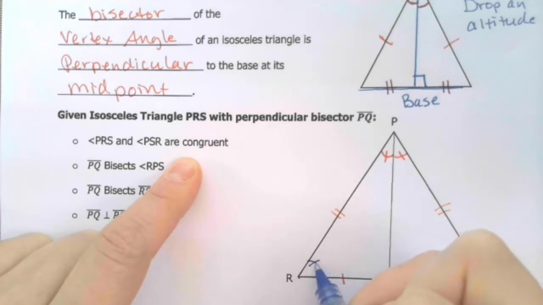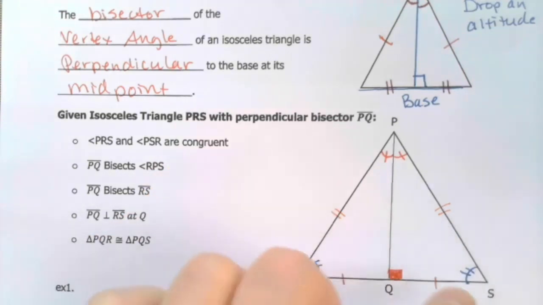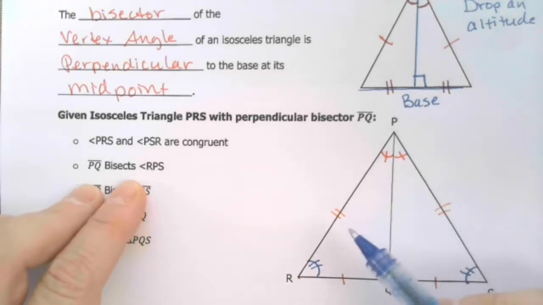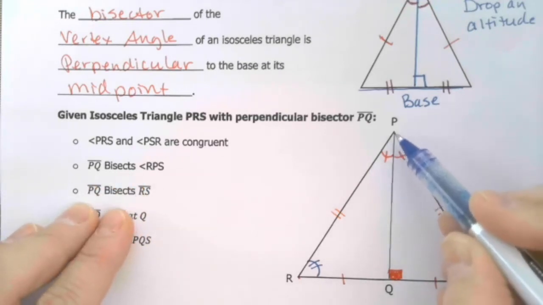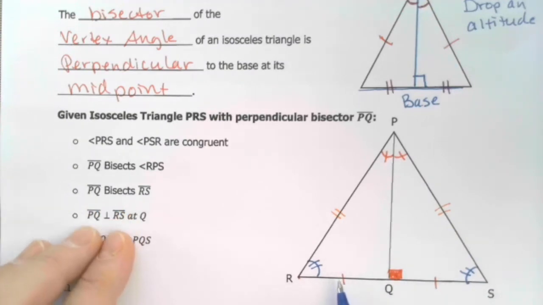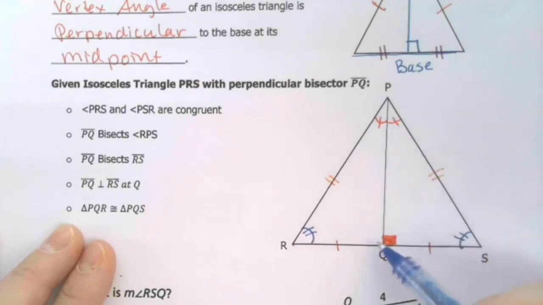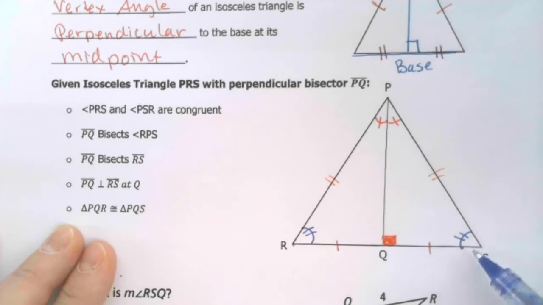We'll mark those congruent. That has to do with our isosceles triangle theorem, that the angles opposite the congruent legs are congruent. Segment PQ bisects angle RPS, right here. It bisects the angle into equal pieces. PQ also bisects this side into equal pieces. PQ is perpendicular to RS at point Q. And last but not least, triangle PQR, the left one, is congruent to triangle PQS.